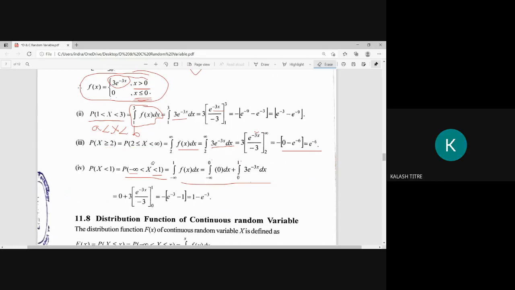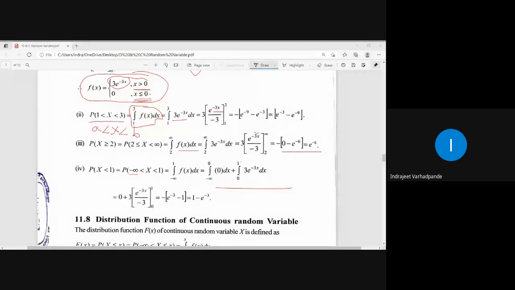Yes, sir. Do the integration and find the answer. That will be the calculation of all the corresponding probabilities, whatever are asked. Clear to everybody?